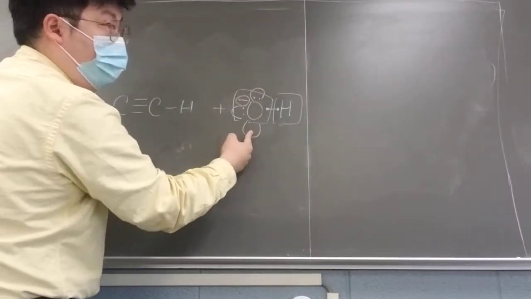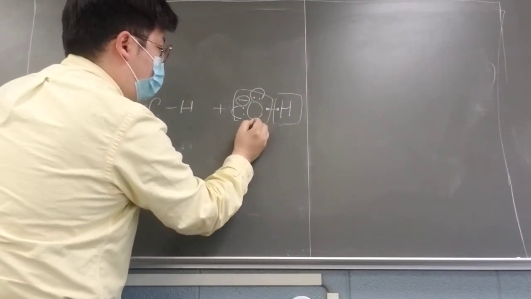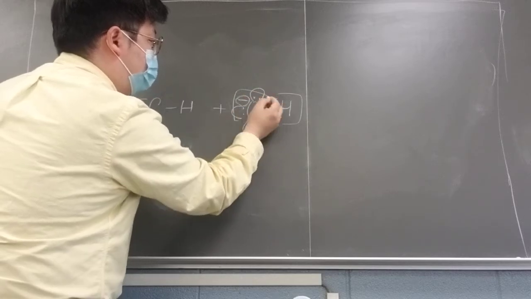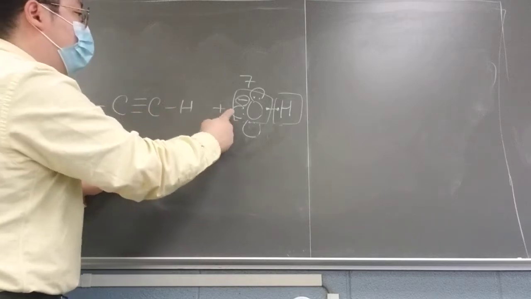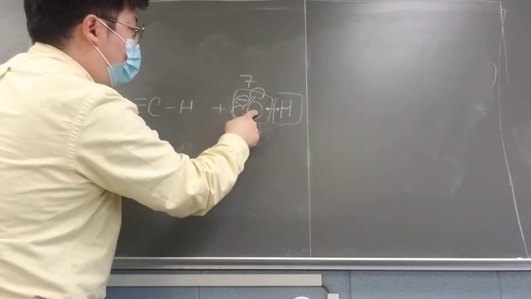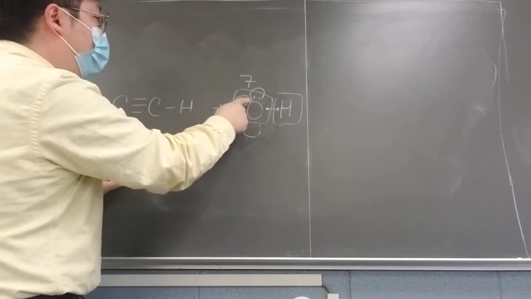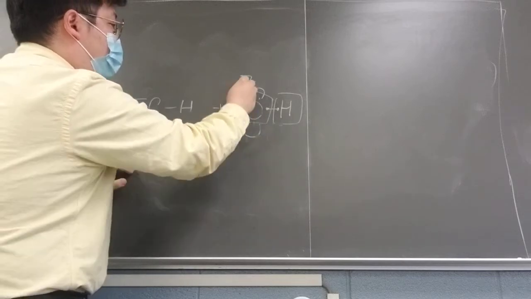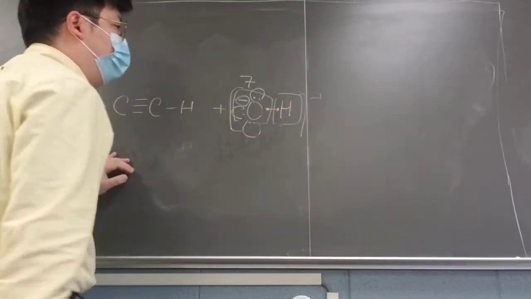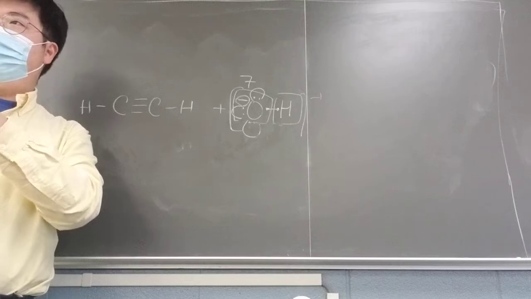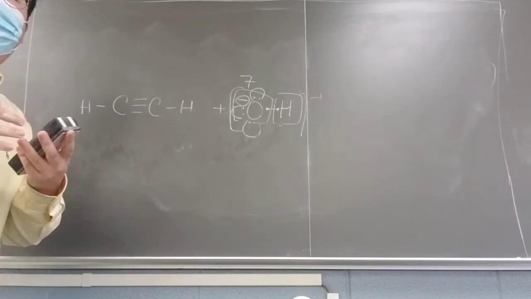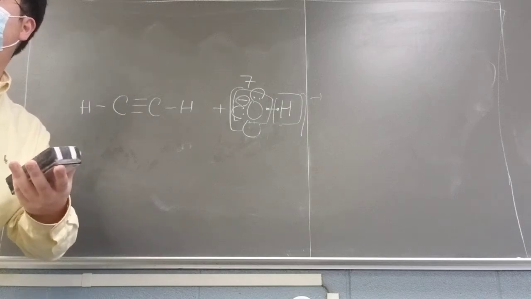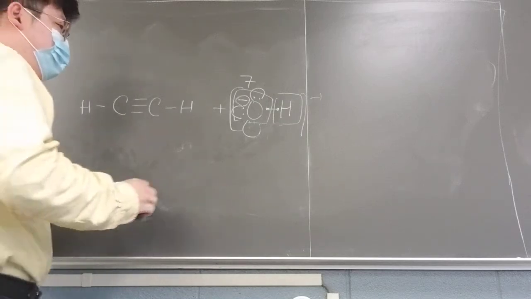If you count 1, 2, 3, 4, 5, 6, 7 electrons instead of 6, because this is a group 6 element, it has 1 extra electron. That's why it carries an overall negative charge. Even though I don't show it on the exam, I assume you already know this.